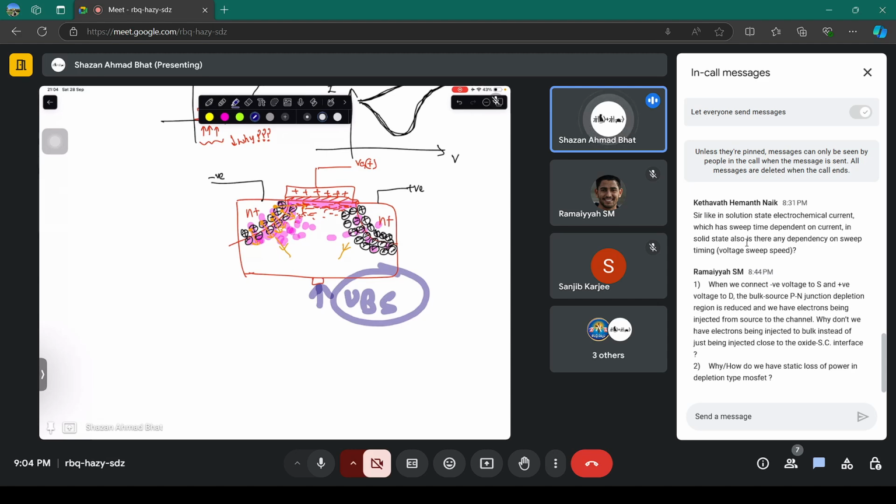We apply the body to source voltage, something called body effect, that actually affects the threshold voltage also. How will it affect the threshold voltage? Because if you apply any voltage at the body, those electrons get repelled from the substrate towards the channel. Now already you have electrons near the channel, so you have to apply lesser voltage at the gate terminal to induce the channel. So that affects the threshold voltage. As simple as that. Hope that answers your question.